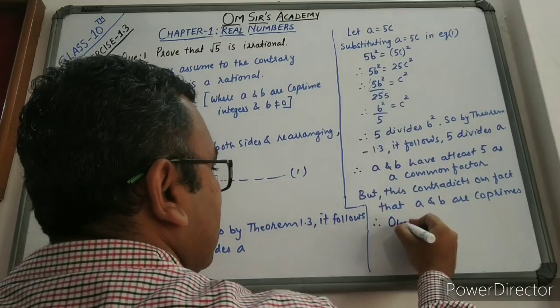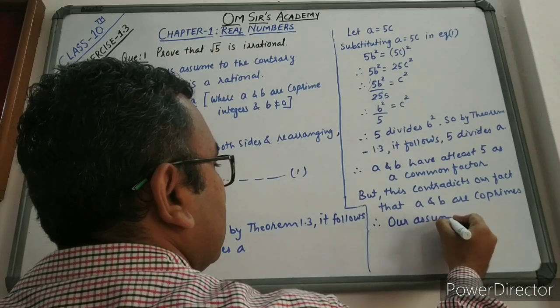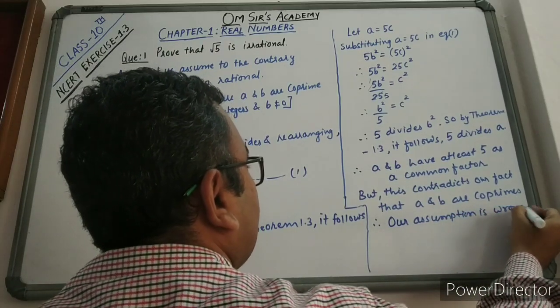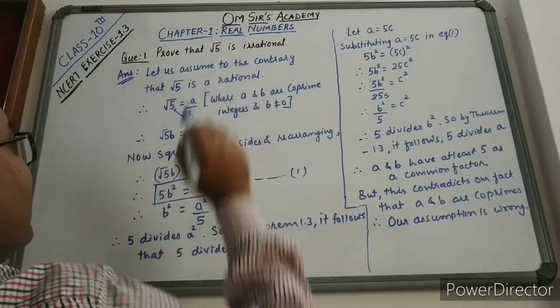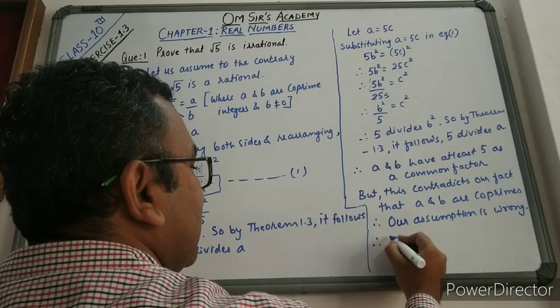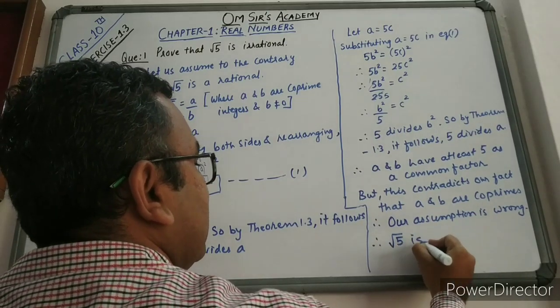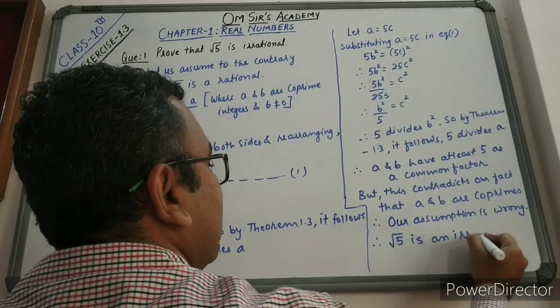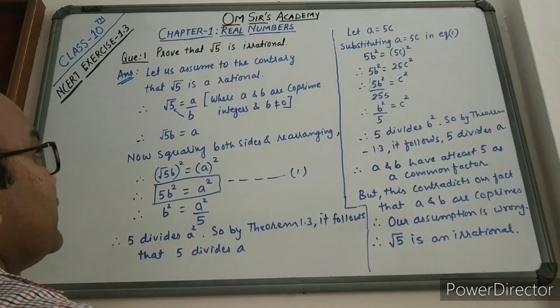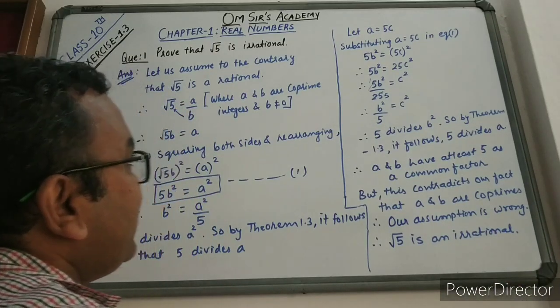So therefore our assumption is wrong. What we assumed, that root 5 is rational, that assumption is wrong. So therefore it is proved that root 5 is an irrational number. Is it clear friends? It is very easy.